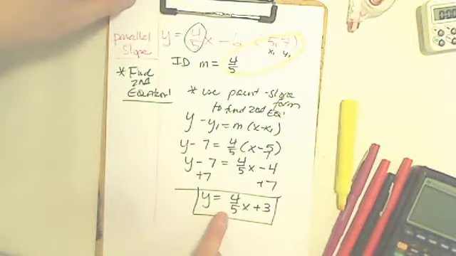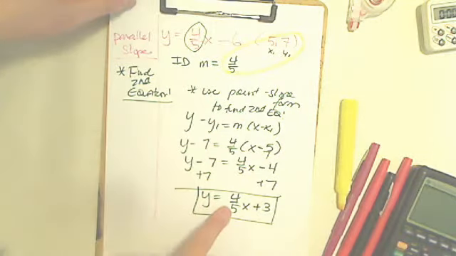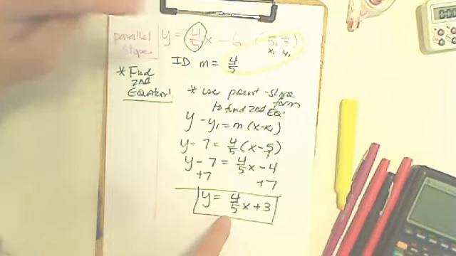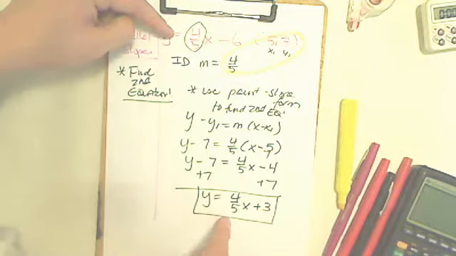How did I get 4/5? From the original equation. Parallel slope, same slope. It's just a different starting point. They have to, or else you won't be able to find it.